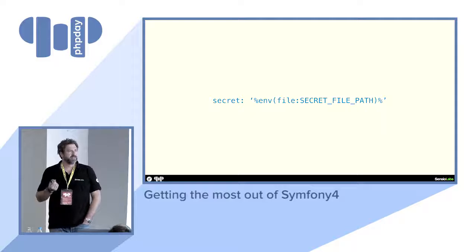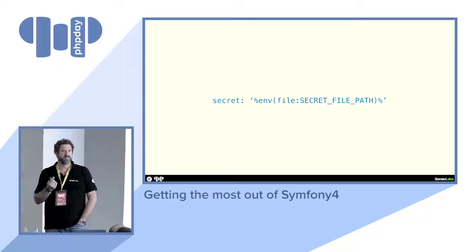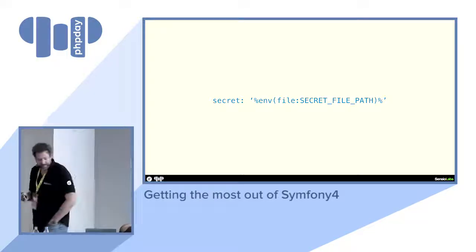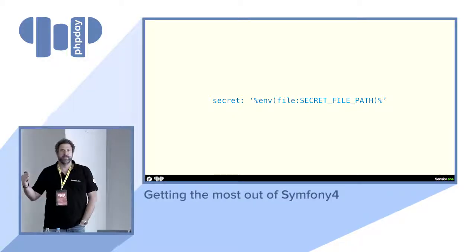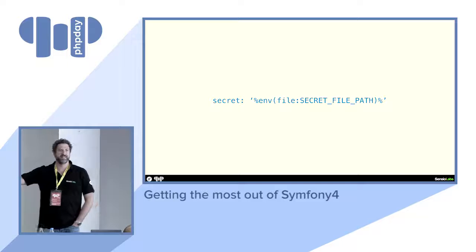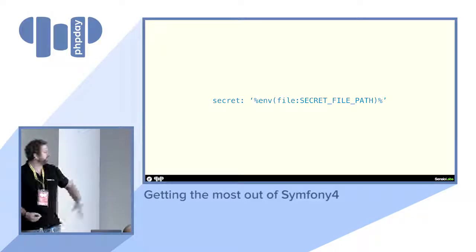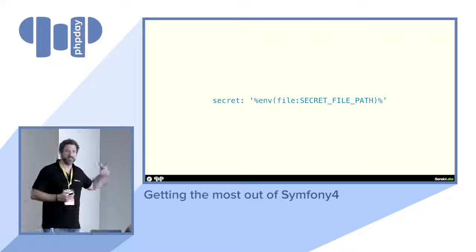And who was in the Kubernetes talk yesterday? Yeah, me too. You might remember that Kubernetes has this config map that can export values as files, and you can use that to mount them, for example, to read them.